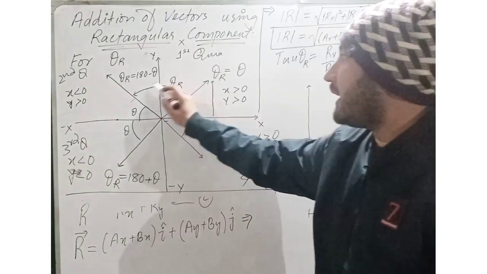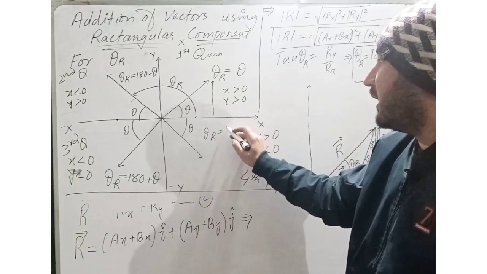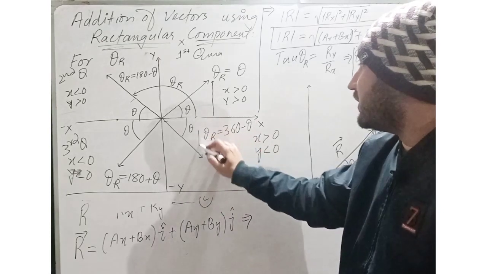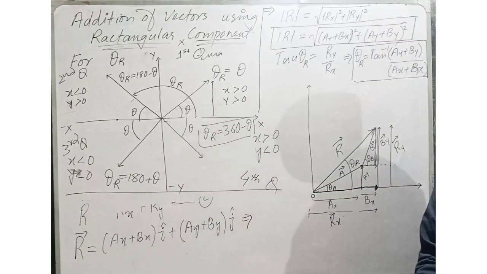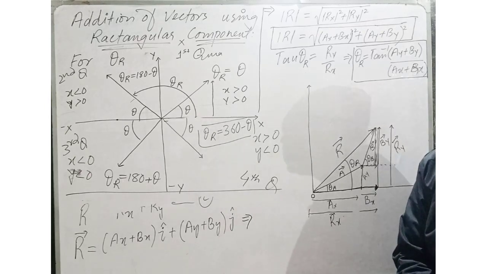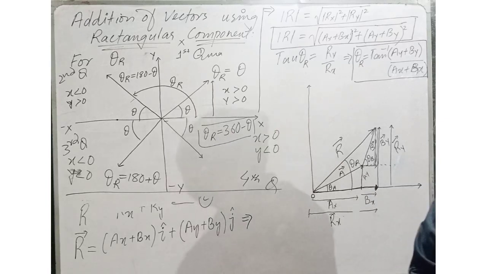So if we subtract this theta from 360, we will get theta r. Okay, thus we can find the correct value for theta r when the vector is lying in different quadrants. Okay, so this was all about resolution of vectors and addition of vectors using rectangular components.